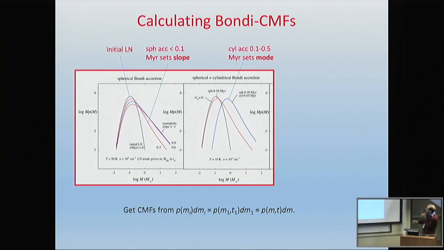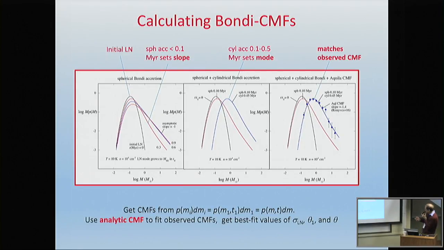So that allows you to move your CMF shape to higher mass, and that's what it takes in this case to match observations of the CMF in this particular region, the Aquila region, as published by Vera Koneves in the recent Herschel study.